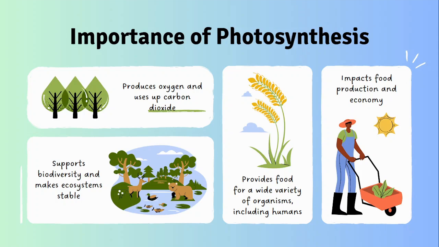Okay, it impacts food production and the economy. So these are all the importance of photosynthesis, and there are several factors which affect photosynthesis, like light intensity, carbon dioxide concentration, or water deficiency, like that. Okay, so this is it for photosynthesis.